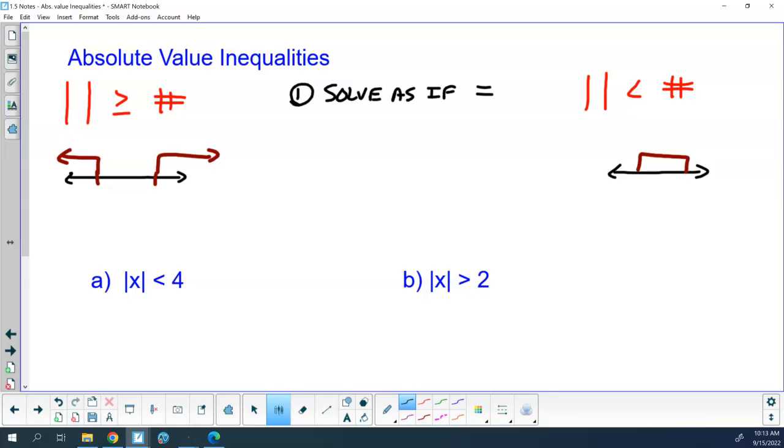The first thing that you're going to do is solve it like it was an equals case to find those points, to find your key numbers. So you're going to solve it as if it were an equals case to find those numbers.